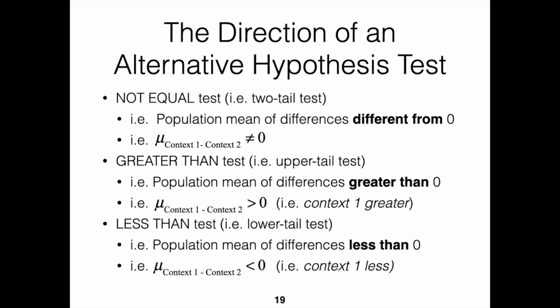Or you can do a less than test. If you think about context 1 and context 2 and the differences between them, and you think things got bigger, then on average those differences should be negative. So in this case you'd be doing a less than test.